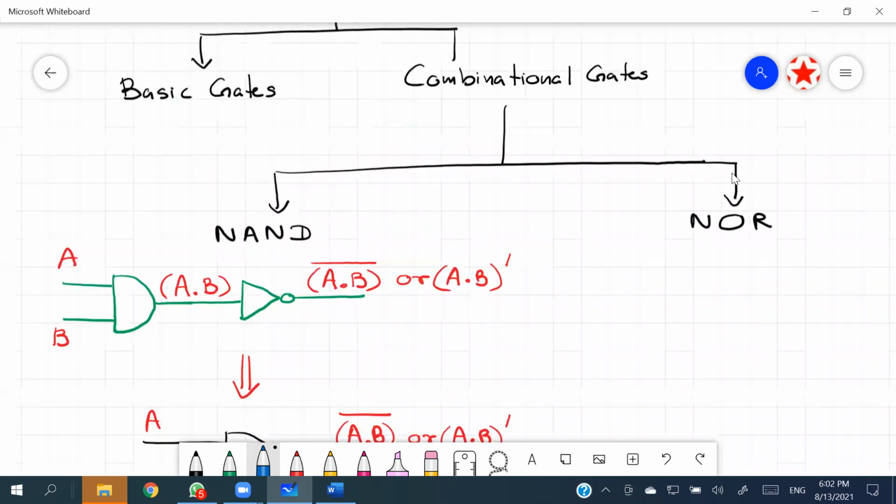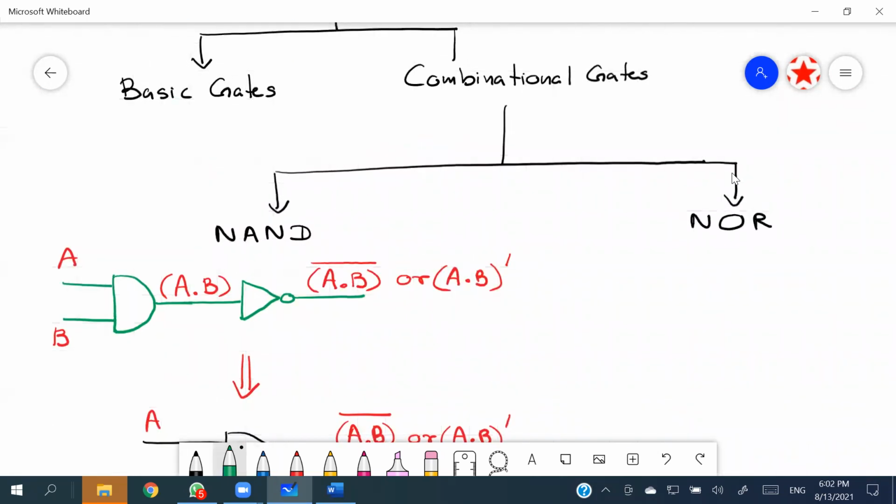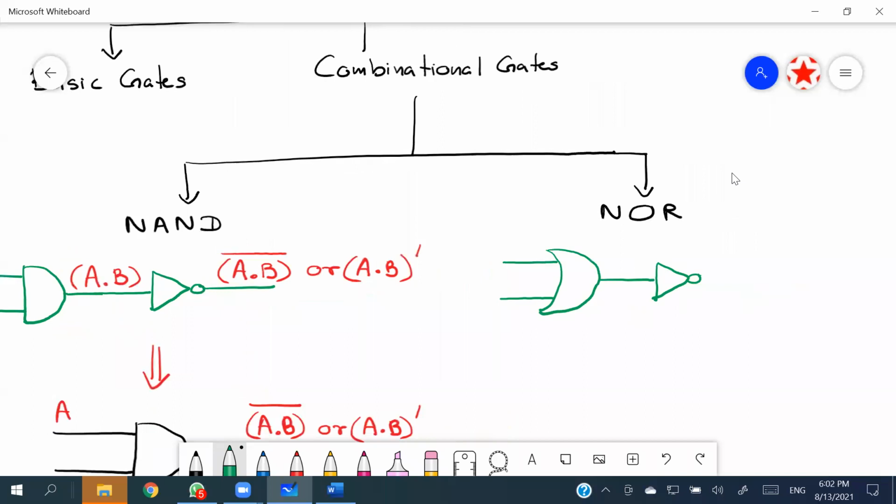Something very similar is happening with the NOR gate as well. Right? The concept behind the NOR gate is that they have this OR gate and its output is directed to a NOT gate. Let me draw it a bit lengthier so I can write the equation without a problem.